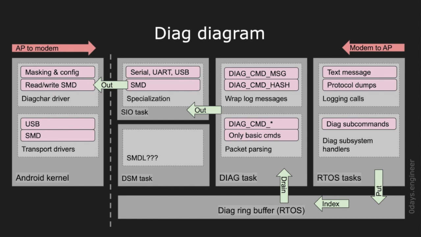The ring buffer will be drained either on timer or on a software-based interrupt from the caller, and at this point the data will be wrapped into Diag protocol, and from there it will go to CO task, the serial I/O, which is responsible for sending the output to a specific interface. This is based on the modem or on the baseband configuration.